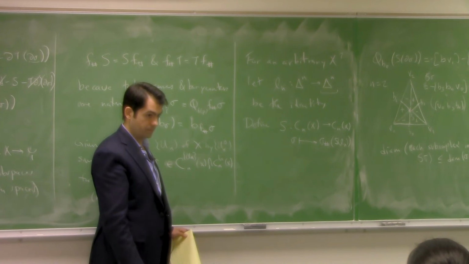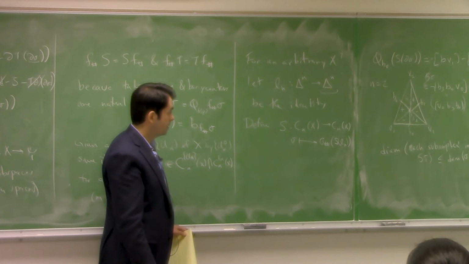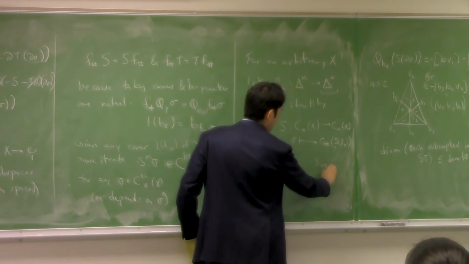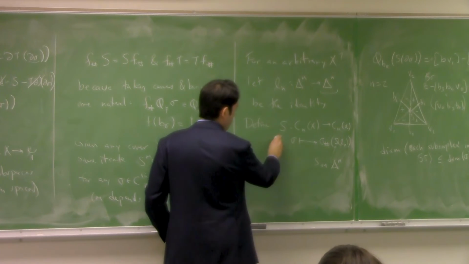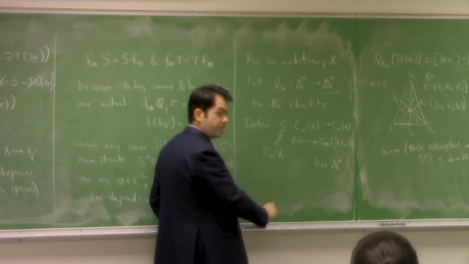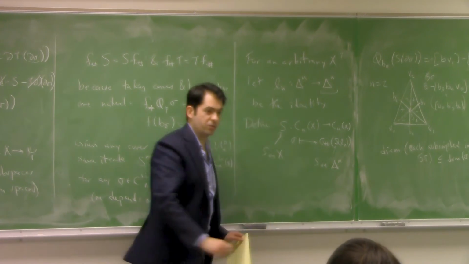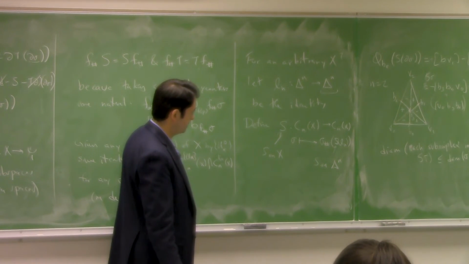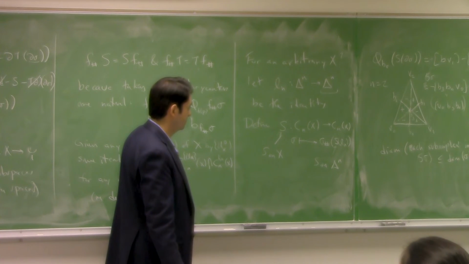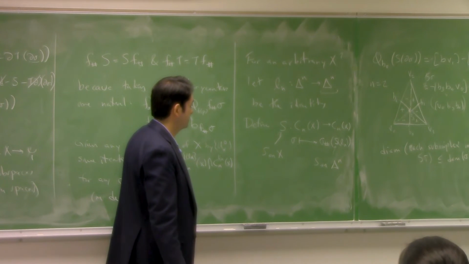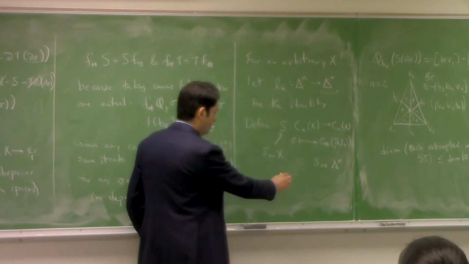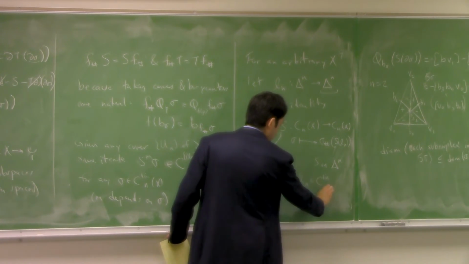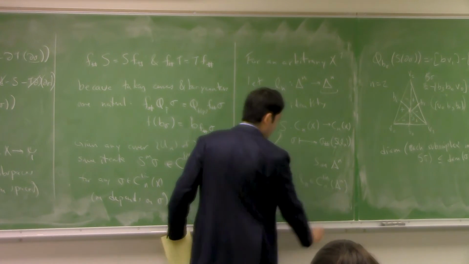How are you defining S in terms of S? So this is the S on delta n, and this is the S on X. On delta n, we have definitions because it is a convex subset of R^n. This works because L_n is a linear n-chain on delta n.